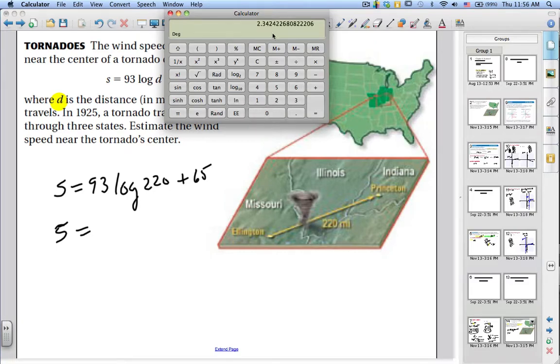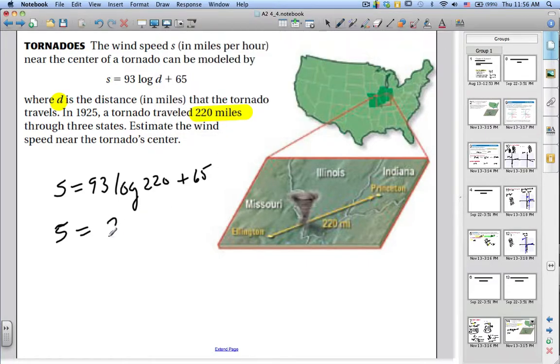Log base 10 is 2.342. Then I'm going to multiply that times 93. I'm following order of operations. And then I'm going to add 65, and I end up with 282.85.